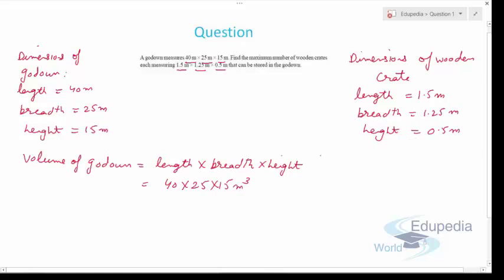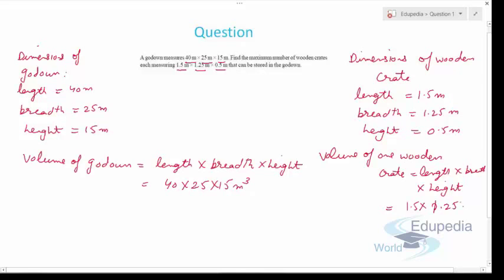So the volume of one wooden crate will be equal to length into breadth into height. This will come out to be 1.5 times 1.25 times 0.5. So this is the volume of one wooden crate.